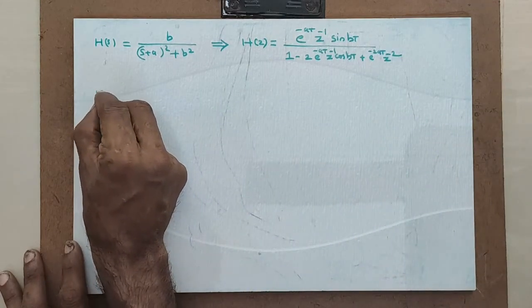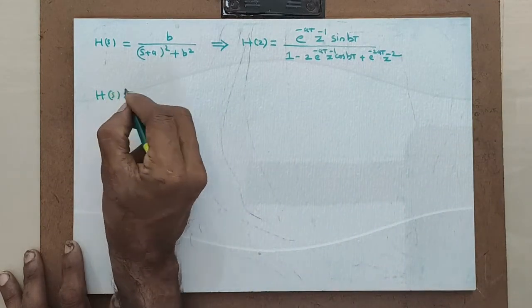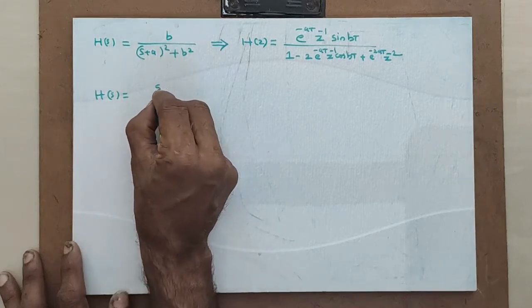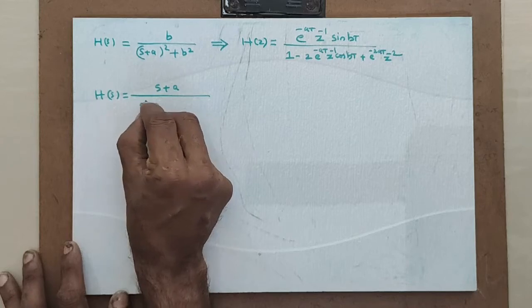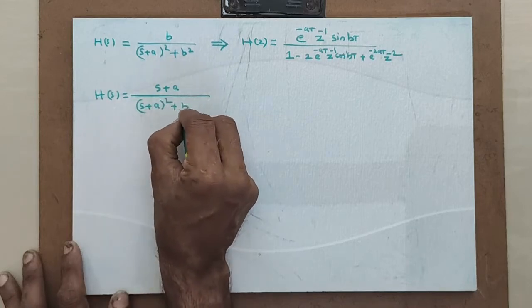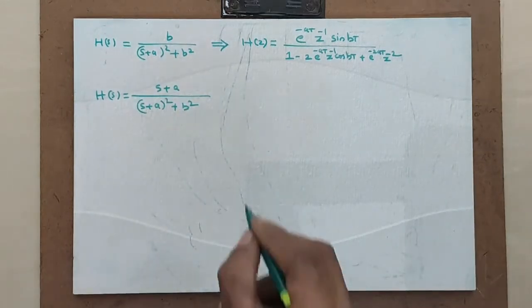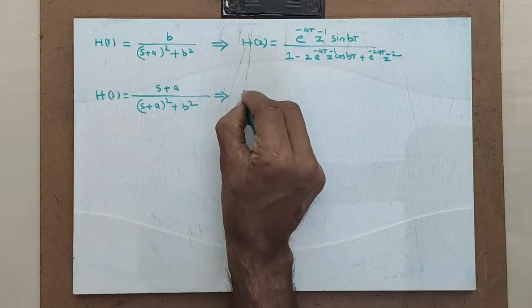Suppose h of s is given, or if it is of the type s plus a whole divided by s plus a whole square plus b square, then what is the corresponding h of z?